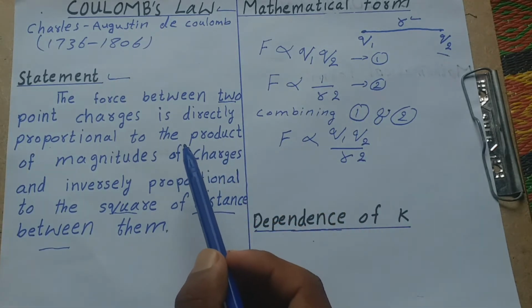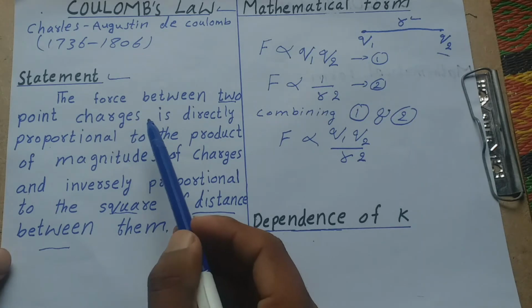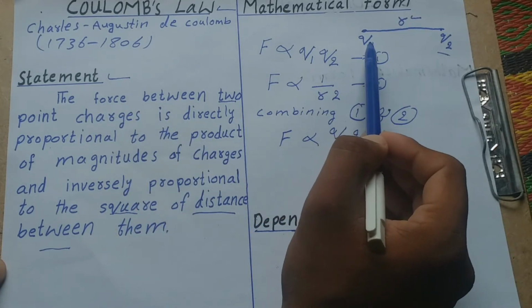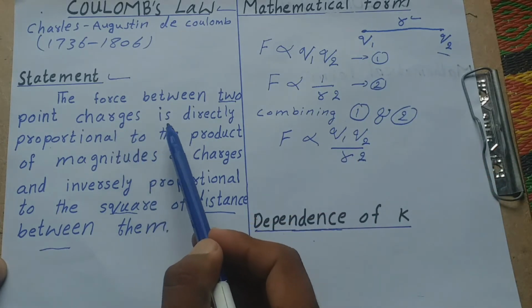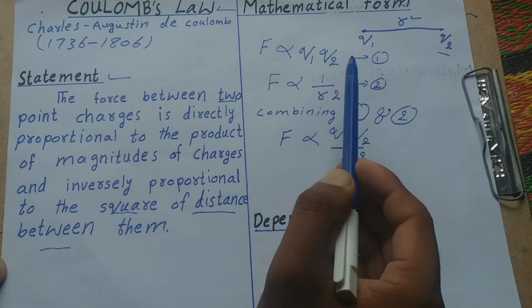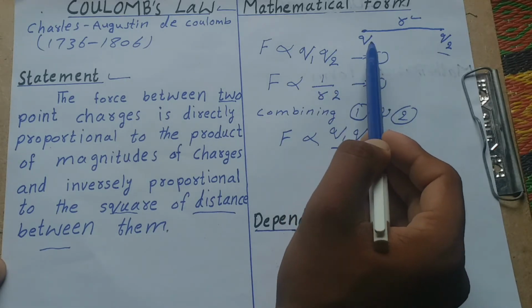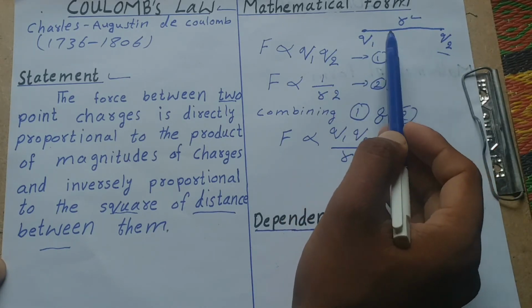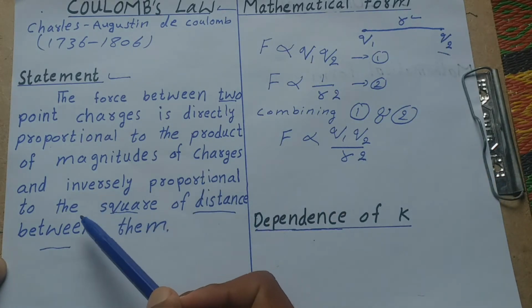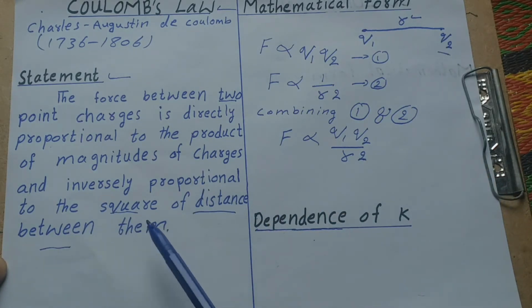Now you can easily understand the definition of Coulomb's law. The force between two charges Q1 and Q2 is directly proportional to the product of the magnitude of charges, meaning proportional to Q1 due to Q2 and Q2 due to Q1, and inversely proportional to the square of the distance between them.